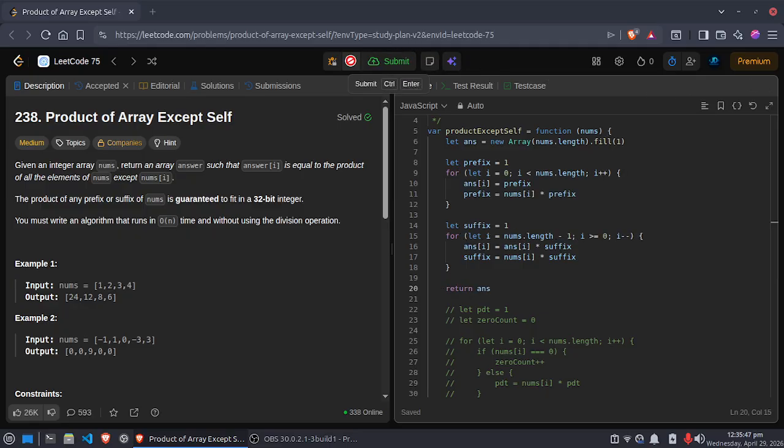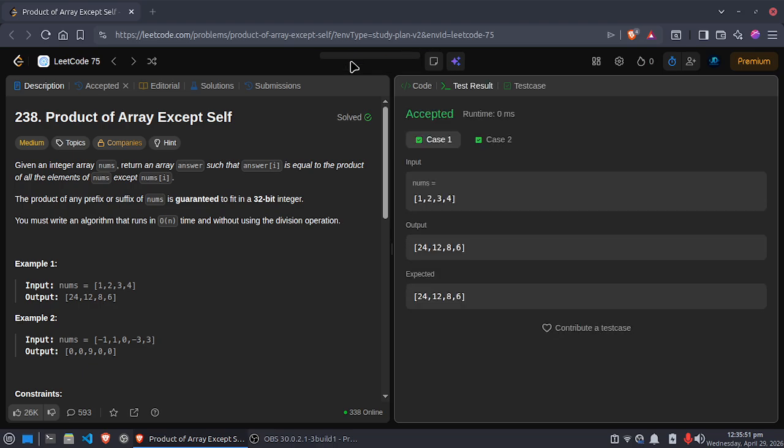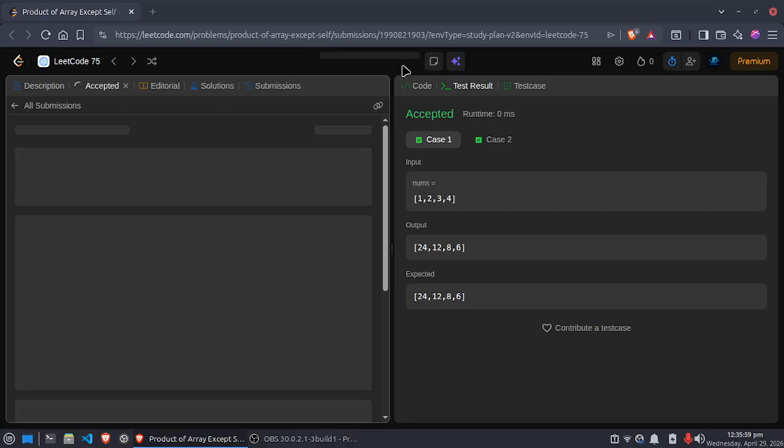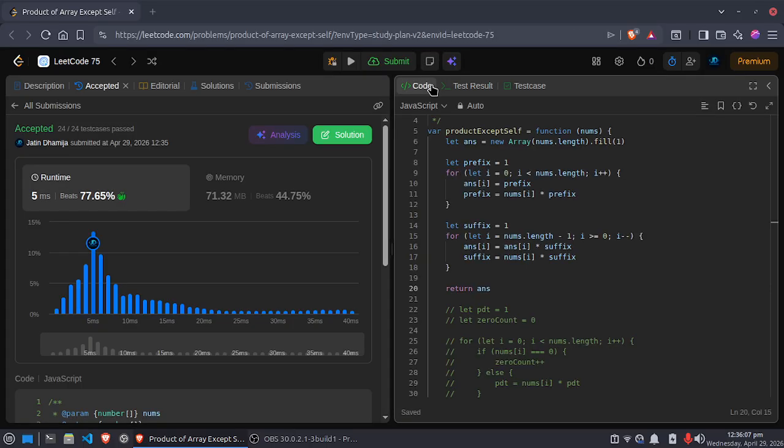So let me run the solution. Yes, it is accepted. Let's try to submit the solution. Yes, it passed all the 24 test cases.